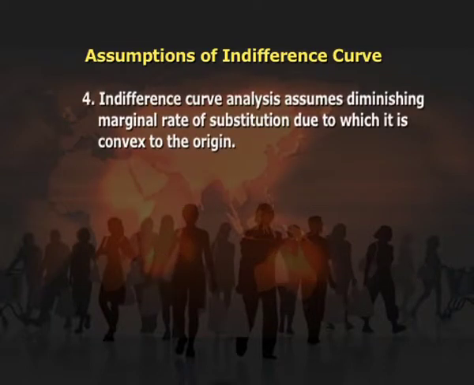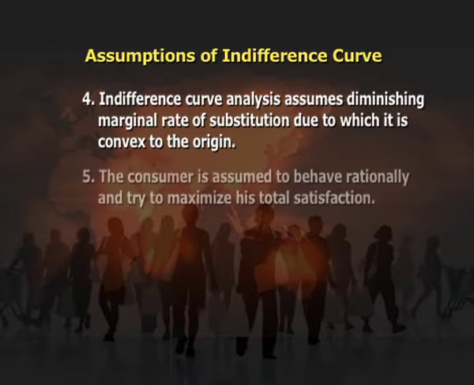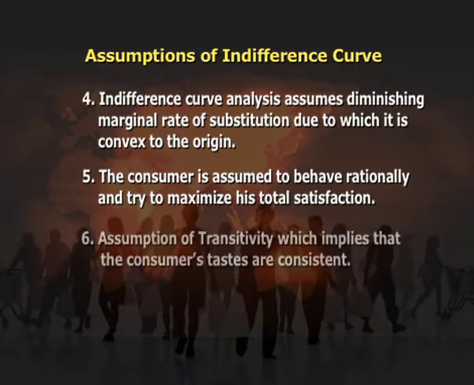Fourth, indifference curve analysis assumes diminishing marginal rate of substitution, due to which it is convex to the origin. Fifth, the consumer is assumed to behave rationally and try to maximize his total satisfaction. Sixth is the assumption of transitivity, which implies that the consumer's tastes are consistent.